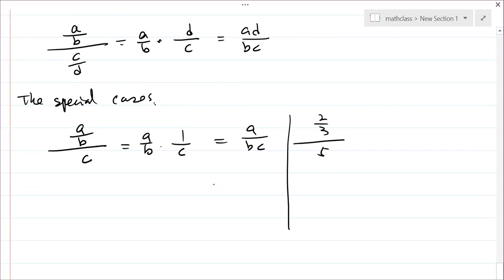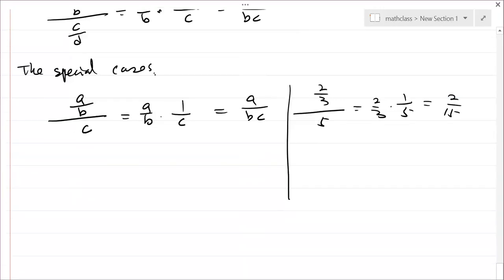How do you do that? It's going to be 2 over 3 multiplied by 1/5. So division can become multiplication, so it's 2 over 15. When you do the computation, you have to be very careful about this algebraic rule.